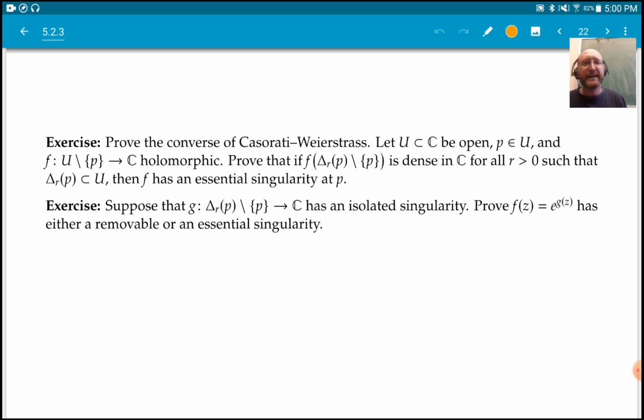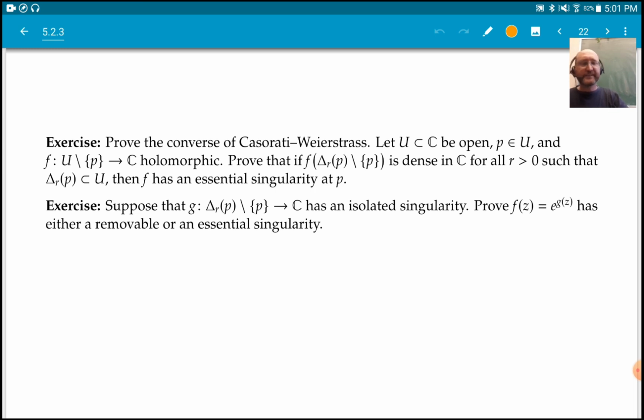Okay. And there's another one. This is related to an exercise that we talked about last time. So this is basically just building up on that, making it a more general statement. So if G has an isolated singularity and you take e to the G, then basically there can never be a pole, right?